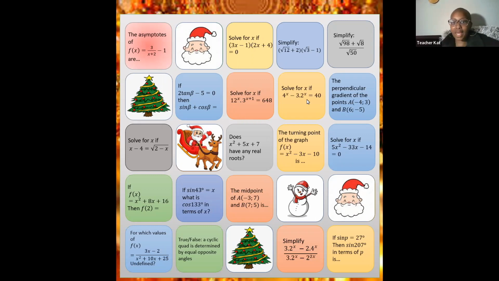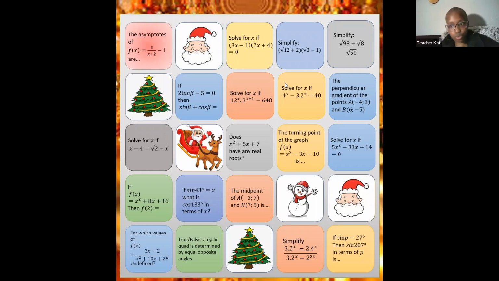I took my 40 and I brought it to our left-hand side. So you will have 4 to the exponent of x minus 3 times 2 to the exponent of x minus 40. Then you change your 4 to the exponent of x to 2 squared to the exponent of x, right?